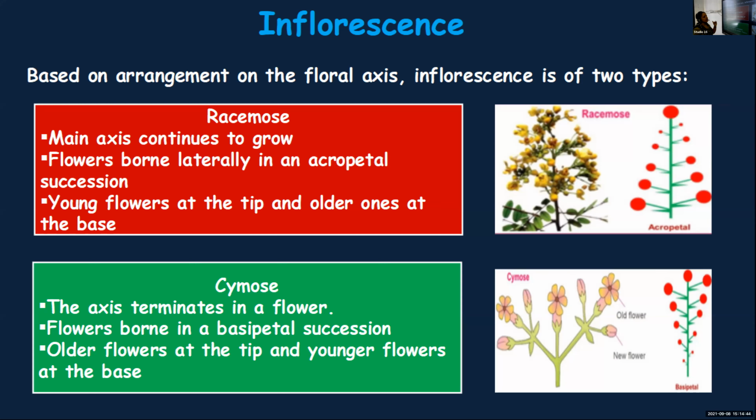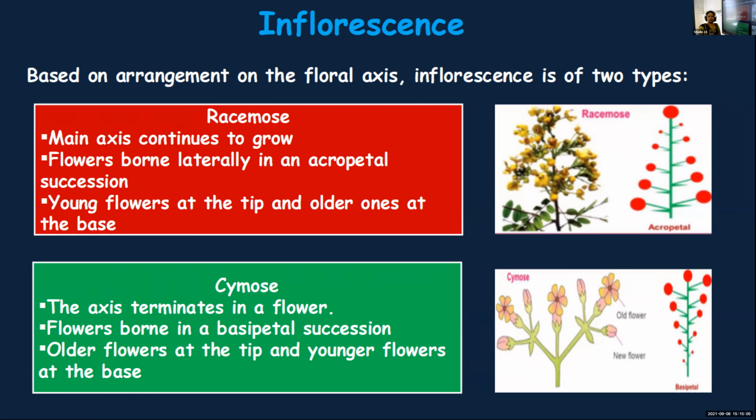If you compare these two pictures, you will get an idea. In racemose inflorescence, younger flowers will be at the tip. That means the axis will continue to grow, producing more and more flowers. So younger flowers will be present at the tip, and on the lower side or on the basal part, you can see older flowers.